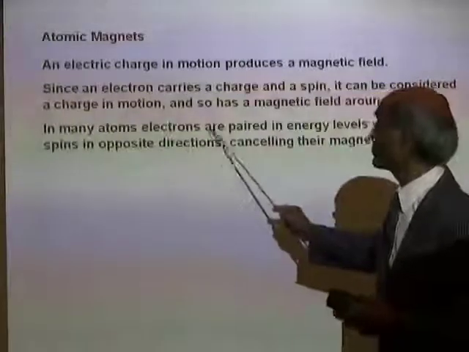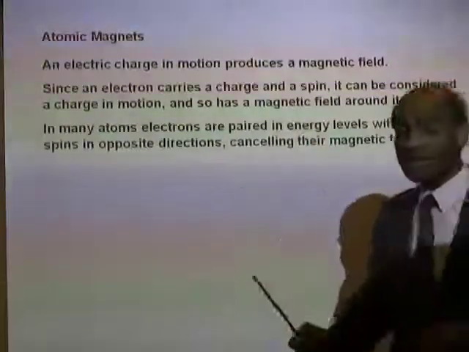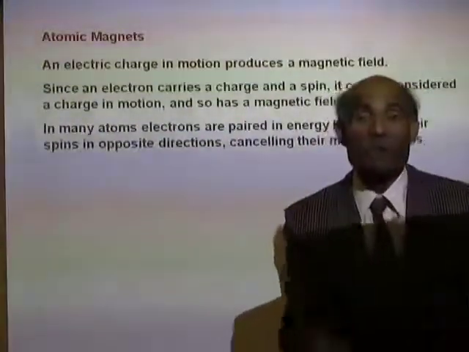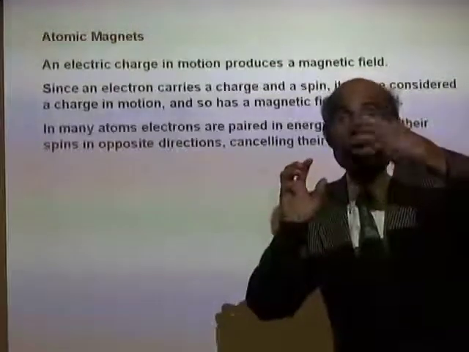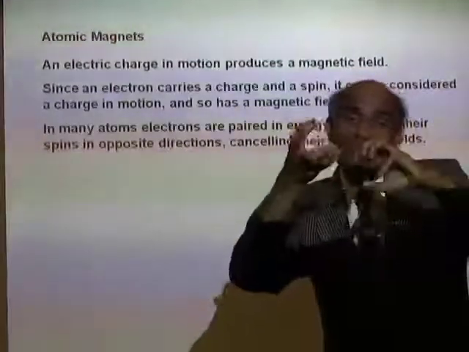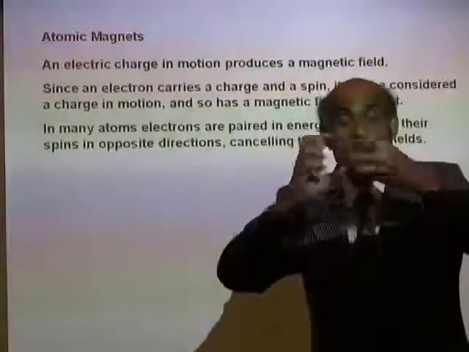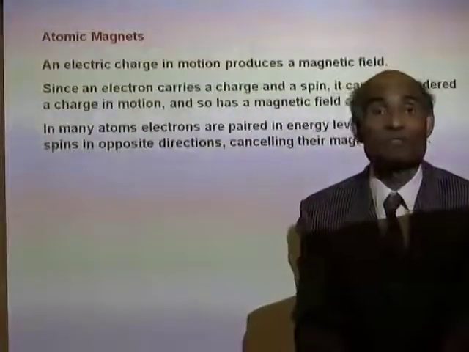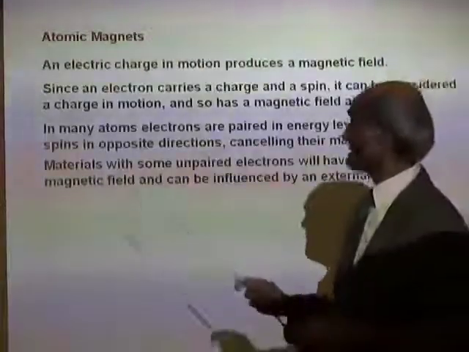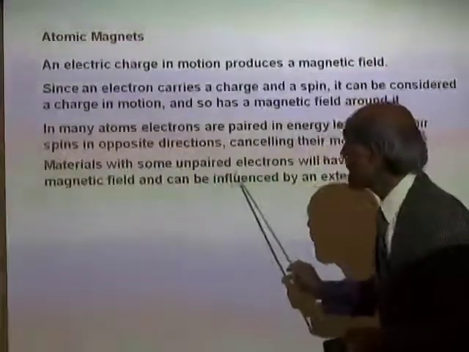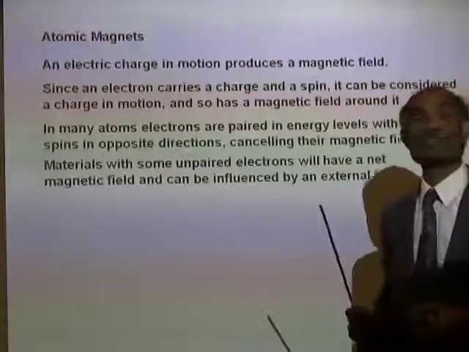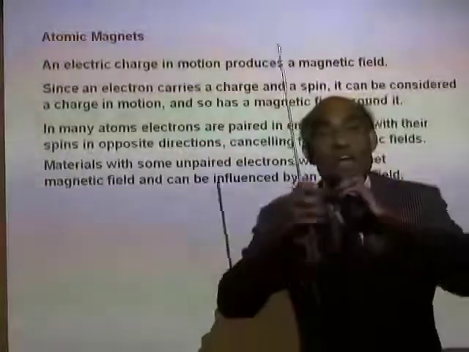In many atoms, electrons are paired in energy levels so that the magnetic field caused by one electron is cancelled by the magnetic field caused by the other electron, because their spins are in the opposite directions. But in some materials which have some unpaired electrons, those magnetic fields will not cancel.